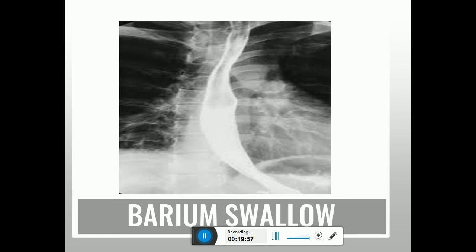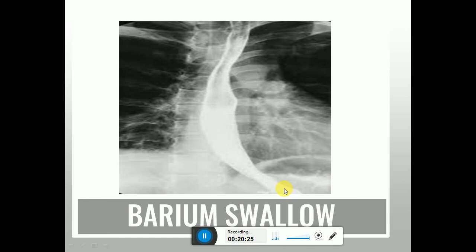First we are going to start with barium swallow. In this, a suspension of barium sulfate is given to the patient, and after giving it, we can visualize this radio opaque structure, which is nothing but the esophagus.